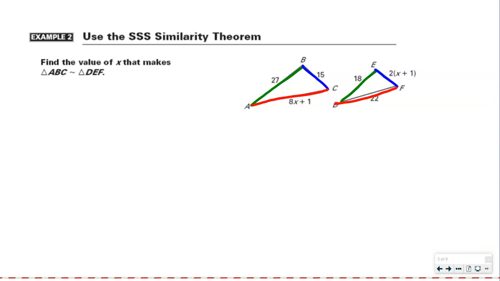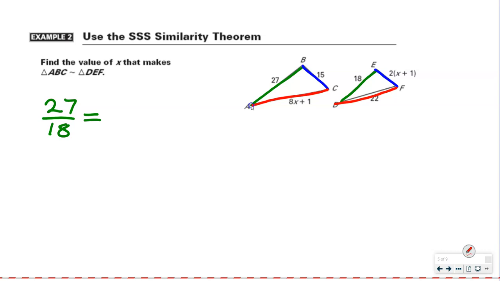Now to set this up and find our value of x, we only need to match up two sets of sides, and we'll be able to solve for x. So if I look at, let's use AB and DE, that would be 27 over 18, or 18 over 27. That's going to be equal to, and now we'll just pick one of the sets of sides with x.